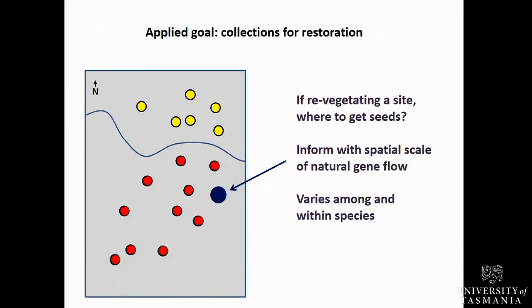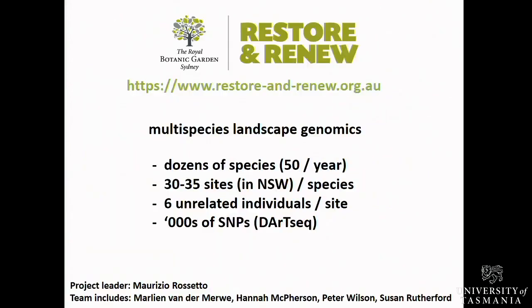And so this can vary quite strikingly among species or across space within species. So if we were collecting for a site here, we could potentially go quite a long way south and not run into a big differentiation. But as soon as we hit say the river in the north here, we might acquire much more differentiated seed.